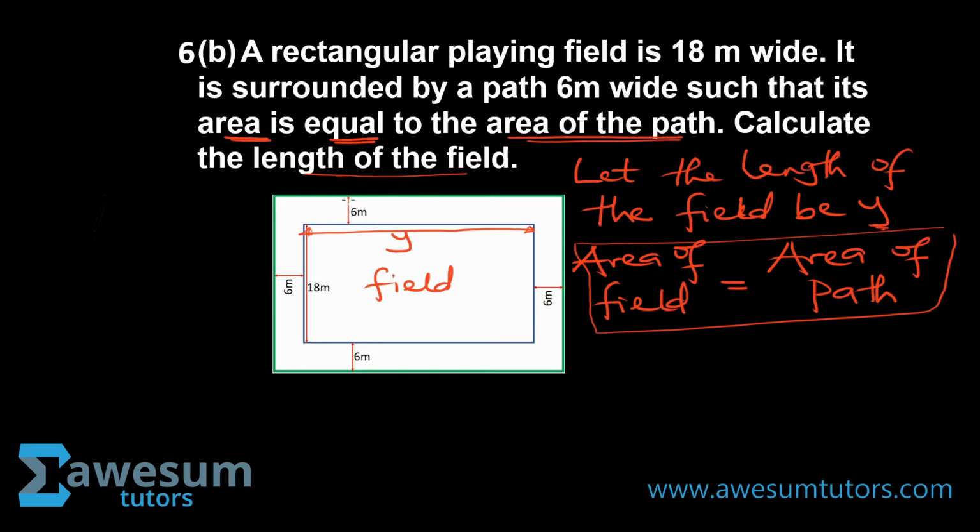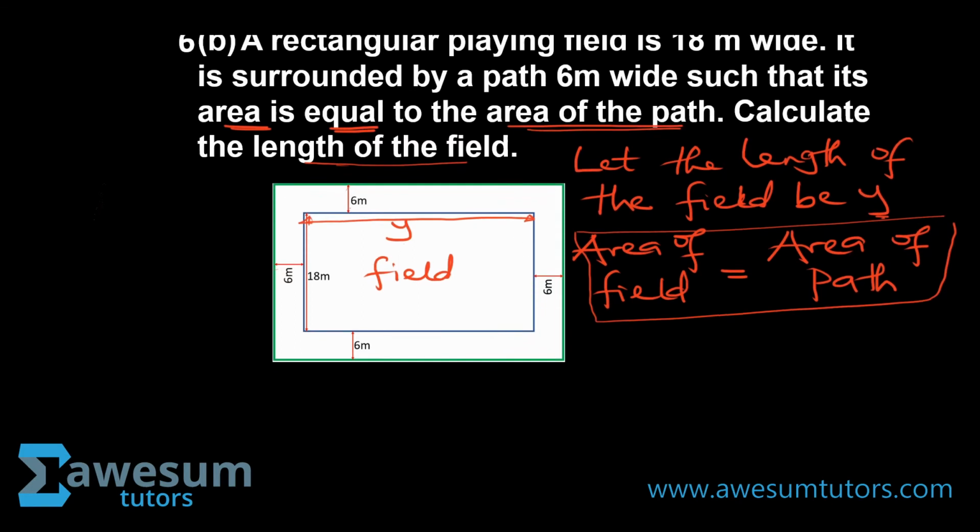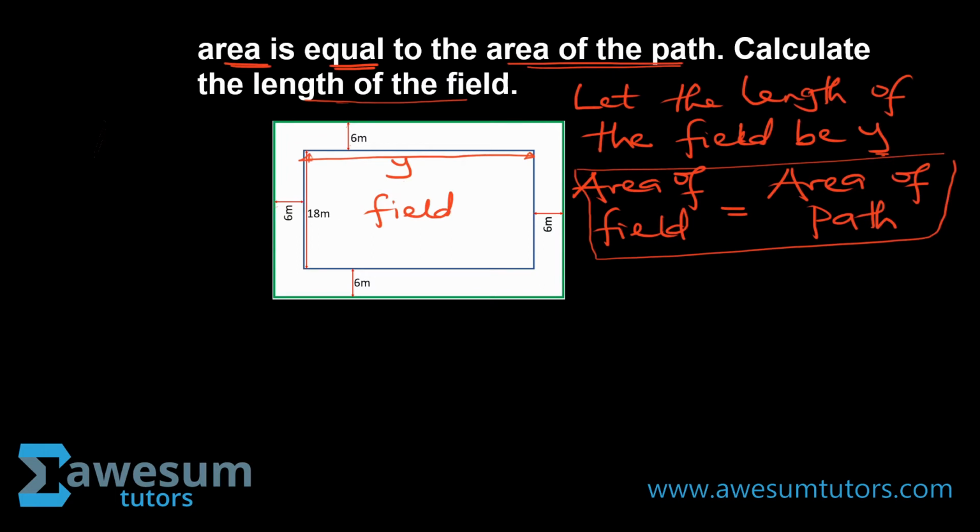Take note, the path has a width of 6 meters. That's the path on which you can walk across the field. Now, area of field. Take note, your field is rectangular. What is the area of a rectangle? We all know that the area of a rectangle is length times width.